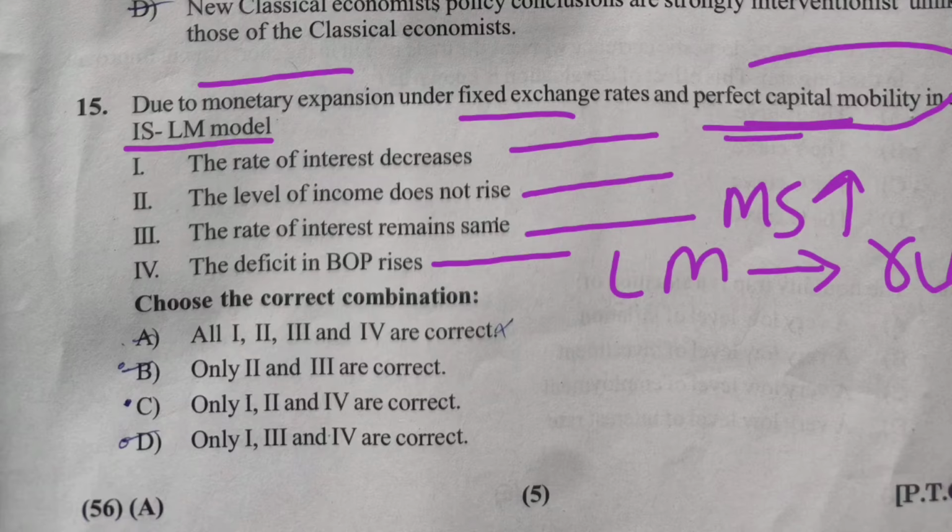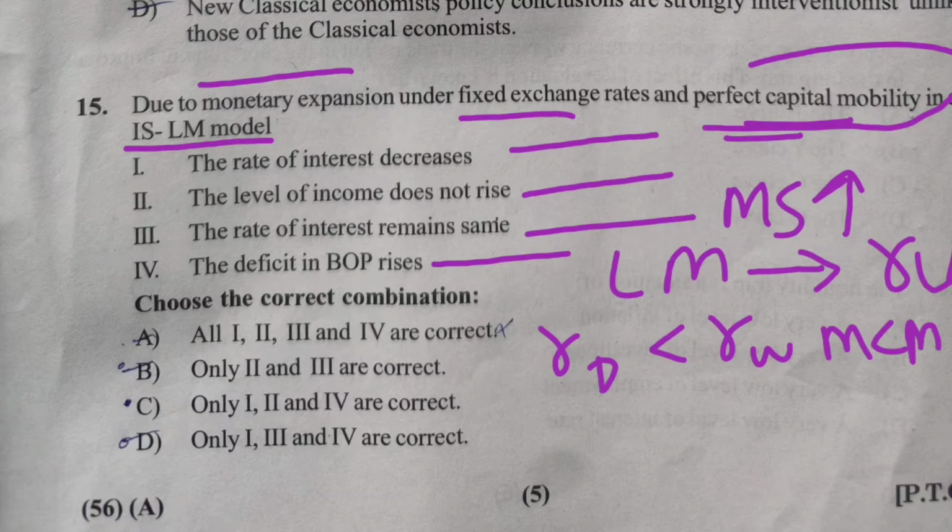When the domestic interest rate is less than the world interest rate, what will happen? Investors will move their capital abroad in search of higher returns. So there will be massive capital outflow.